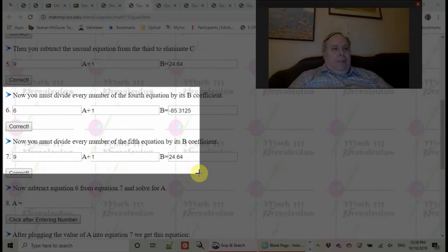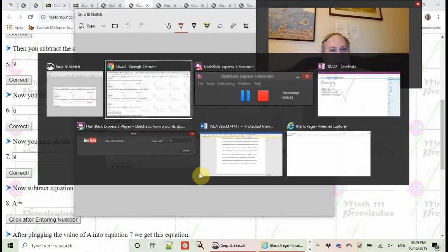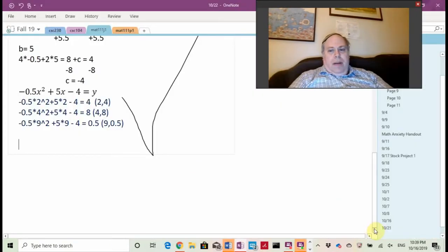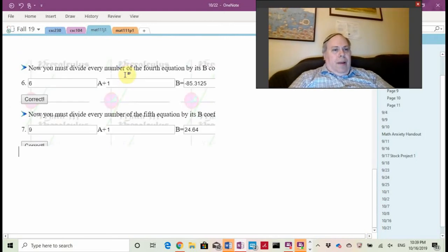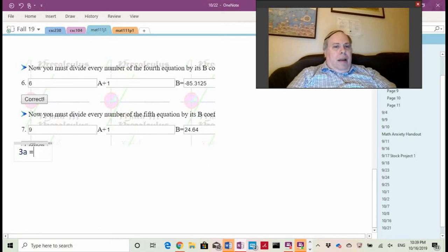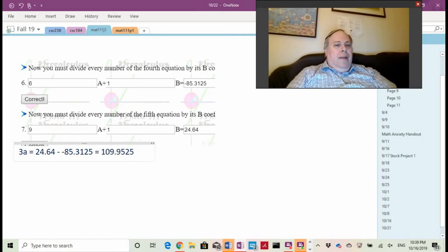So 3a equals 24.64 minus negative 85.3125, which is equal to 109.9525.